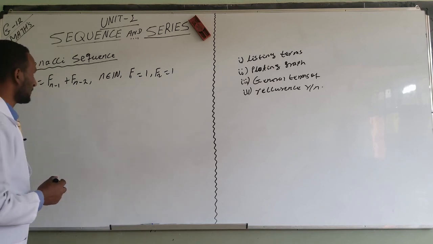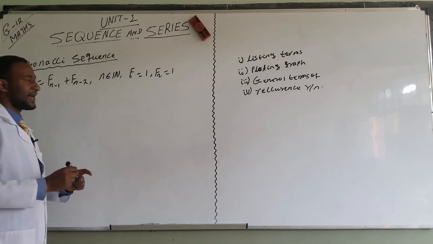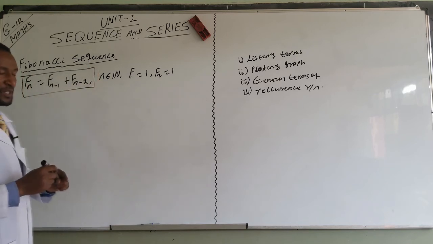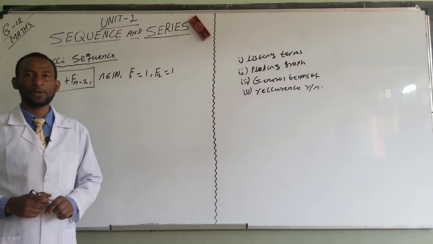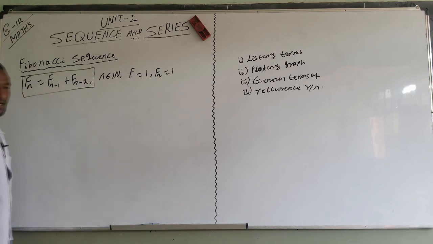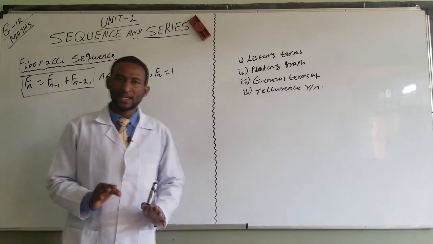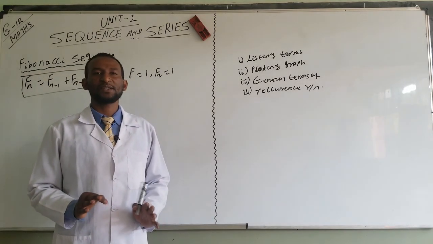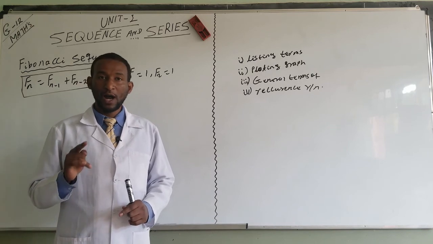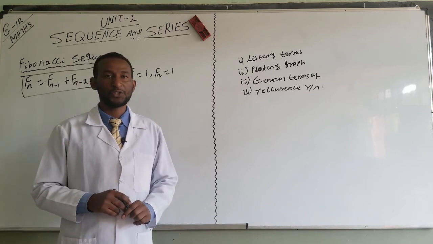the Fibonacci sequence. This is the recurrence relation formula for the Fibonacci sequence. When we express any sequence by recurrence relation, we have to have an initial condition.